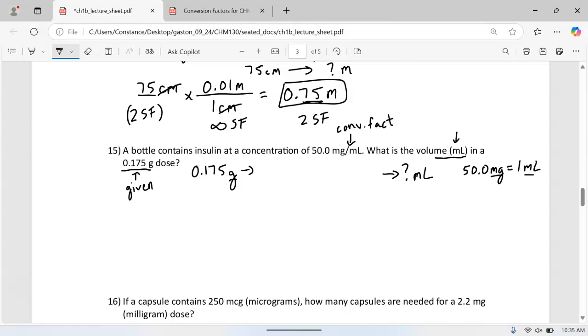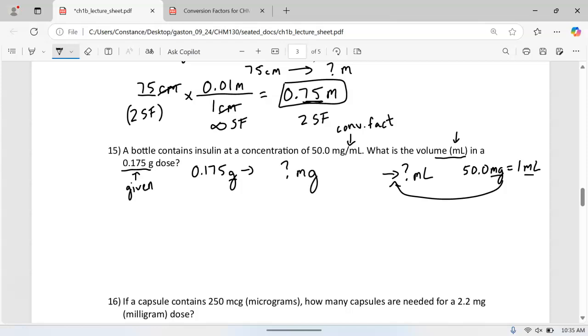Which means that I'm pretty sure I'm going to use this conversion factor in that second step. Now, if I know the target is milliliters, how am I going to get from grams to milligrams so that I can use this conversion factor? That's kind of the question I'm asking here.